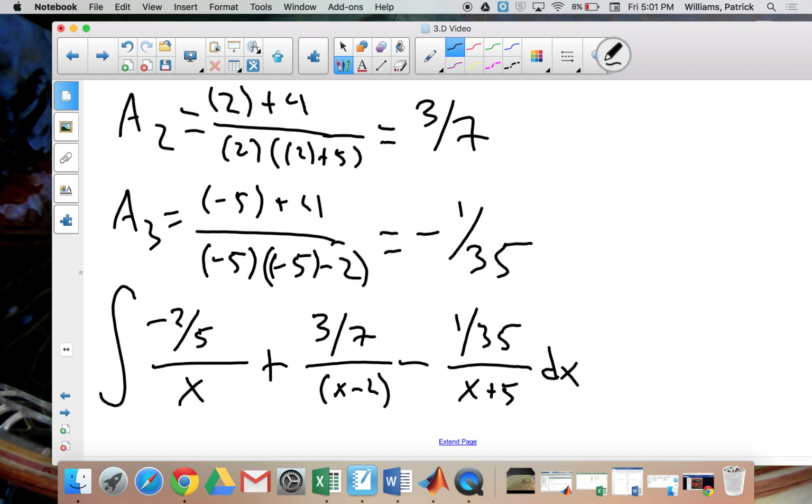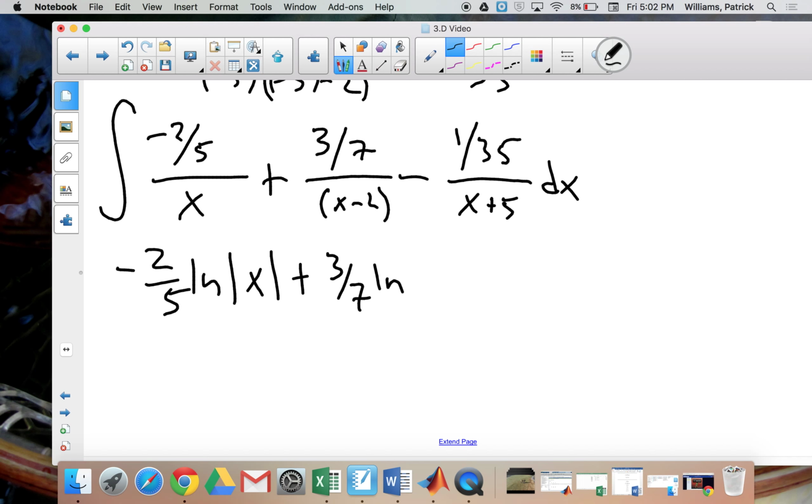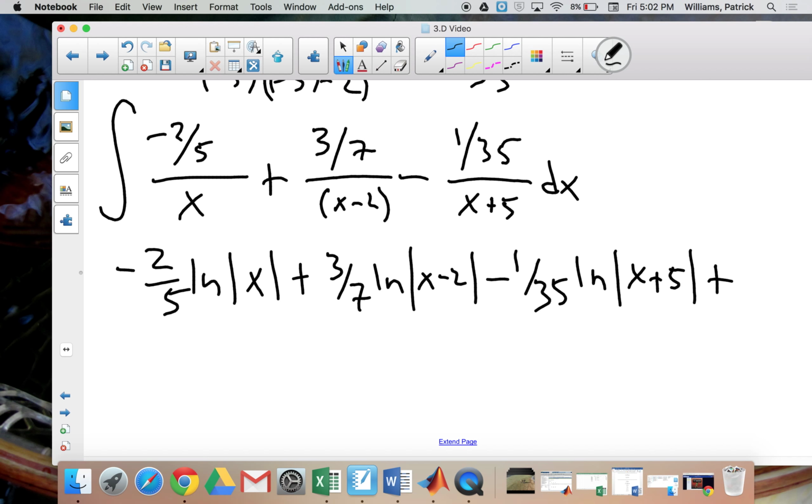And it just turns into an integral where the solution is a bunch of log terms. So we end up getting -2/5 natural log of the absolute value of x plus 3/7 natural log of the absolute value of x minus 2 minus 1/35 the natural log of the absolute value of x plus 5 plus c.